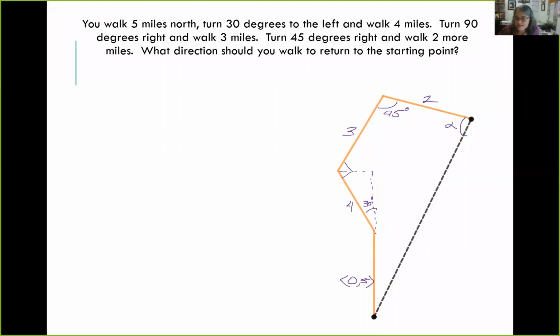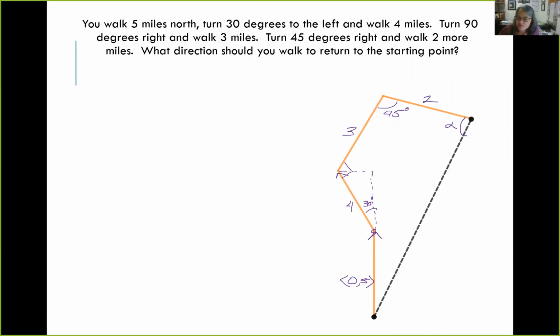So this is his head. His tail is up here. Head, tail, right? So this vector 2 has got components. The horizontal component is 4 sine 30.